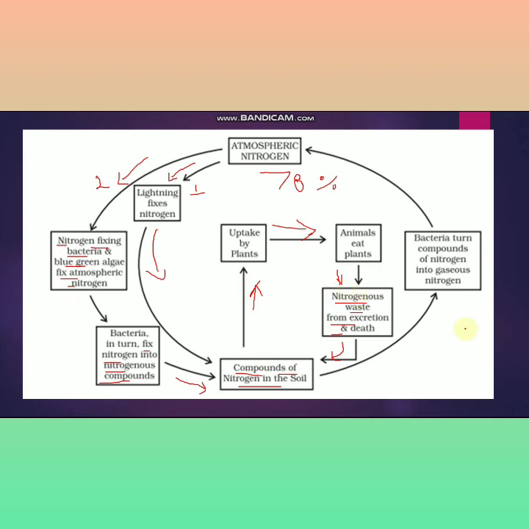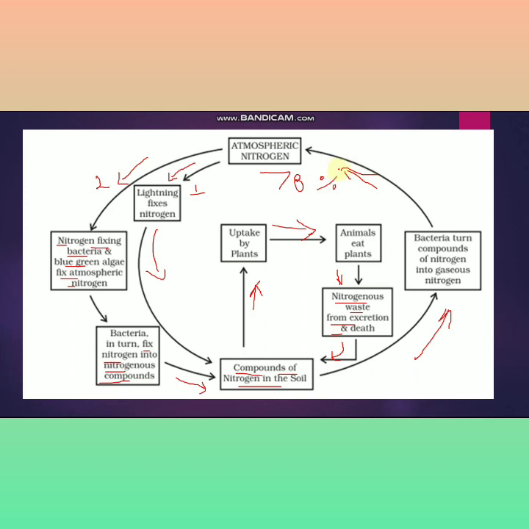Now the bacteria, what is the bacteria doing? Once again this bacteria will change the compound of the nitrogen into the gaseous nitrogen, and the gaseous nitrogen gets changed into the atmospheric nitrogen.